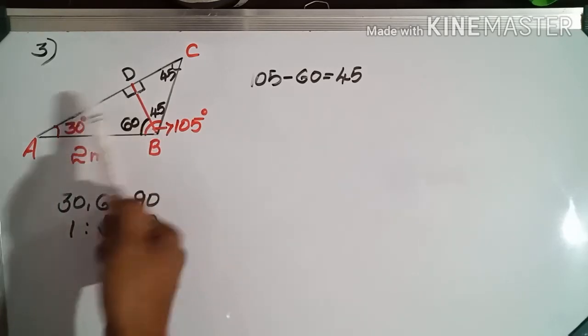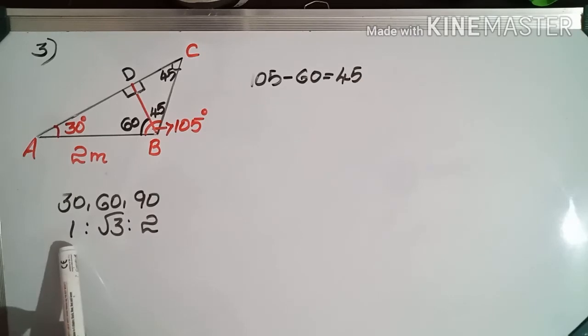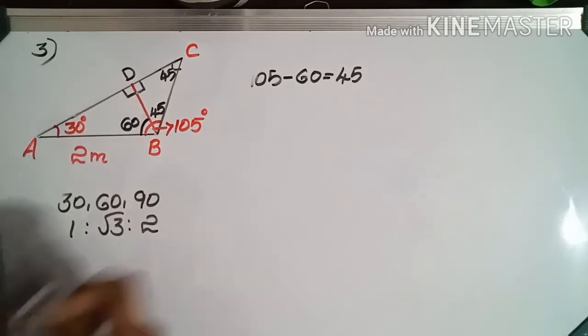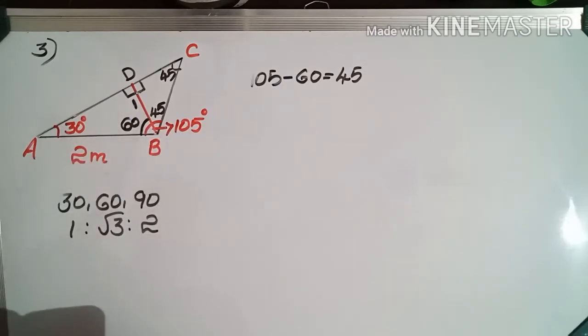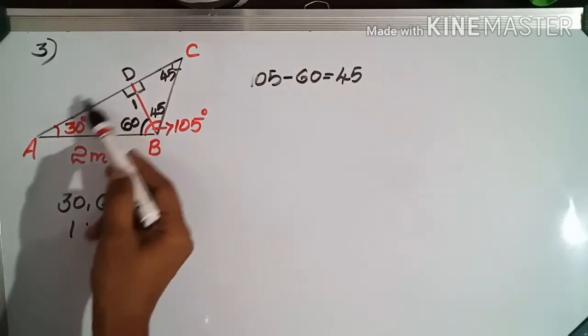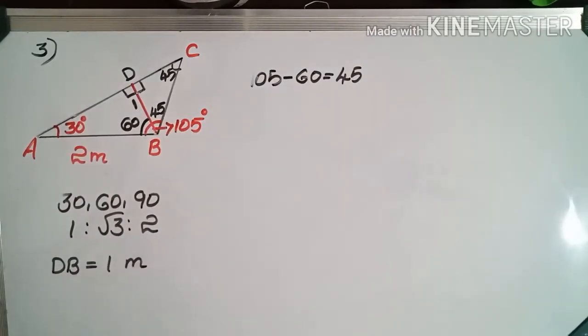Let's see. 30 degree here, the opposite must be 1. So the 30 opposite is 1, so this altitude will be 1 meter. Next, the 60 opposite is AD. So we got DB equal to 1 meter.